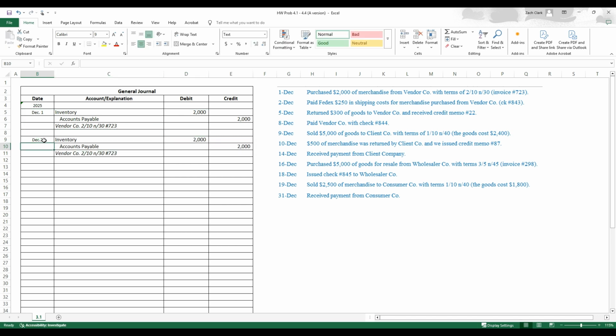And let's say on December 2nd, we paid FedEx $250 in shipping costs for merchandise purchased from Vendor Co. So again, on this same purchase, and remember, when we're paying for shipping costs, we're going to increase the cost of our inventory essentially.